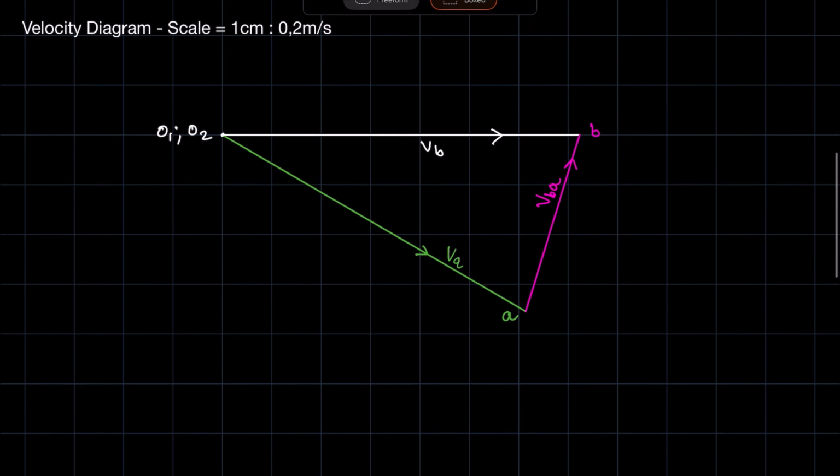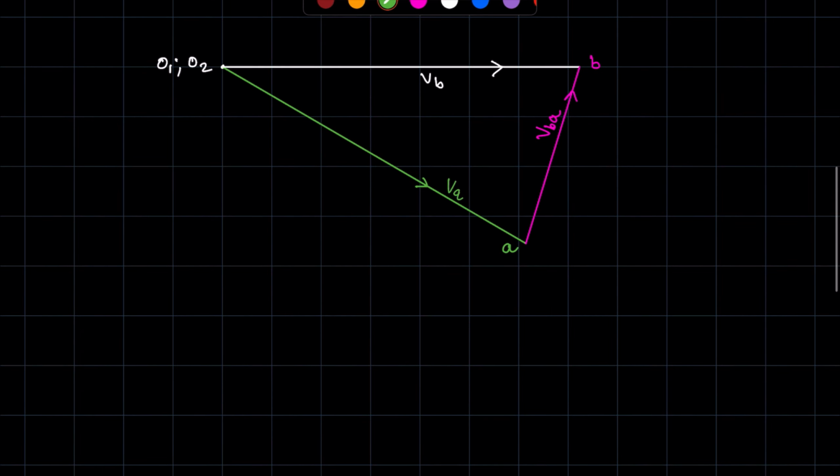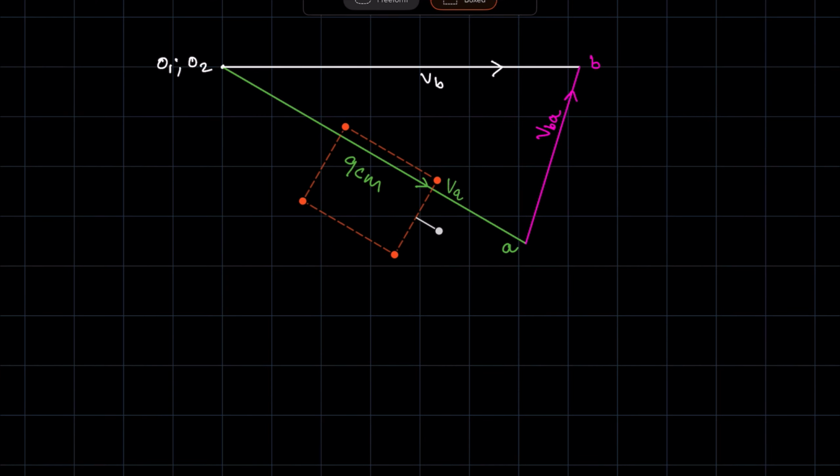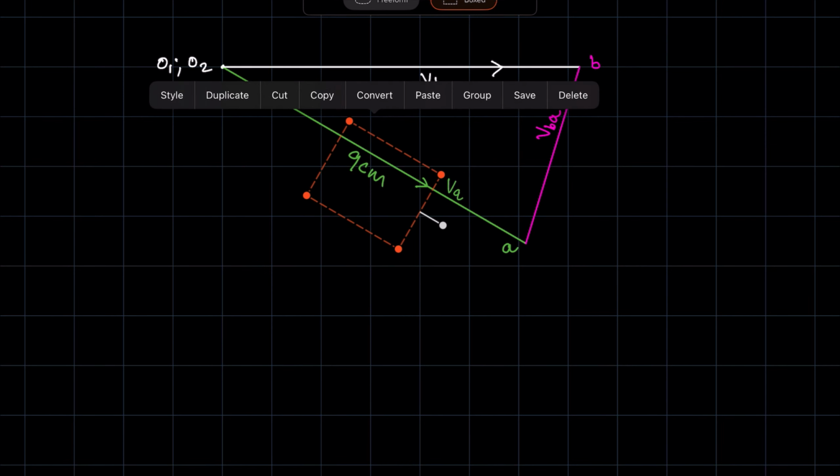And then you of course measure each vector. Remember, we had already determined that VA is 9 centimeters. So that's 9 centimeters.